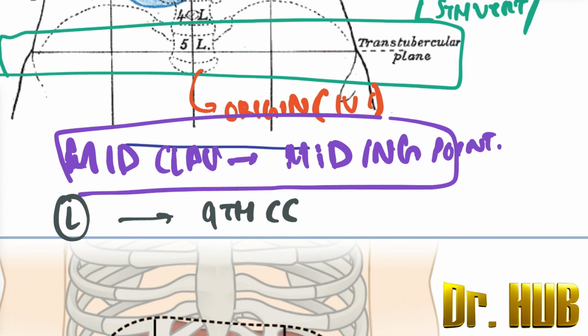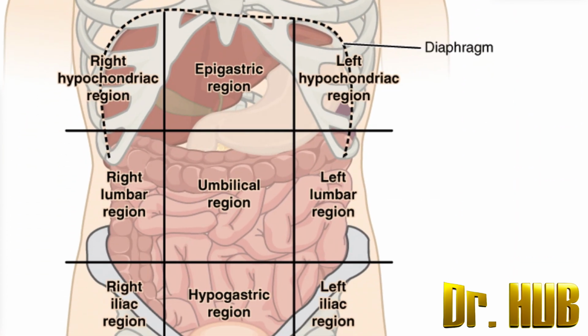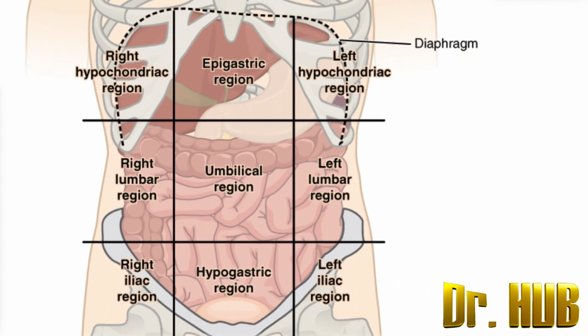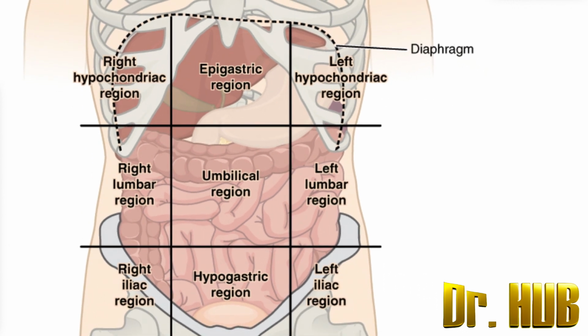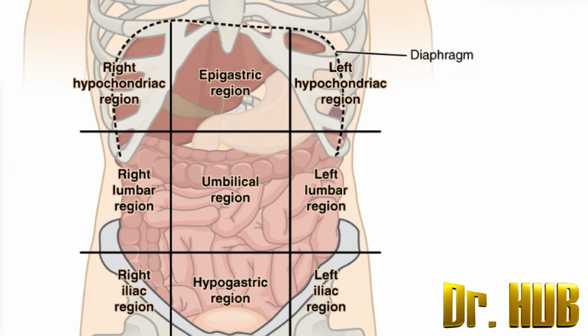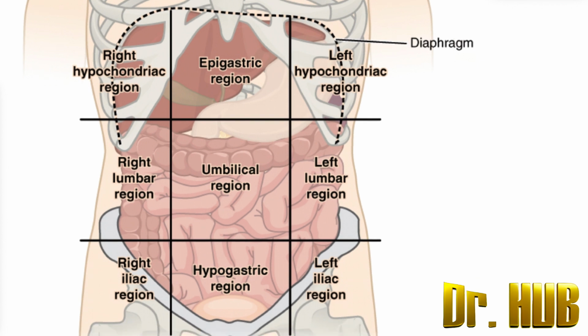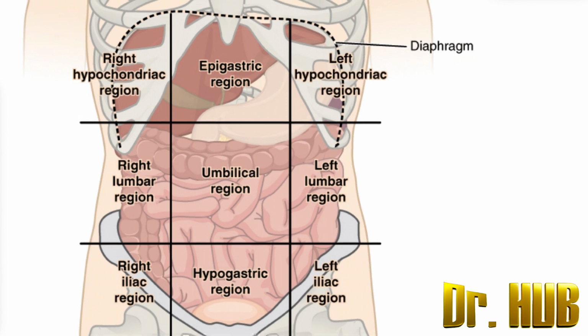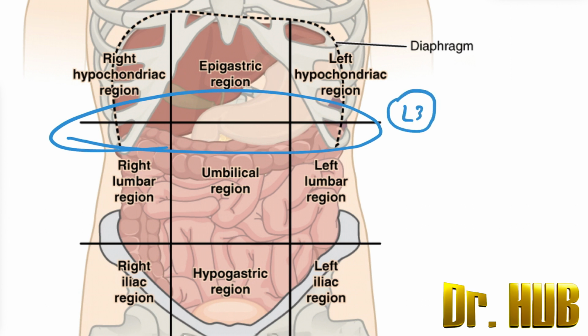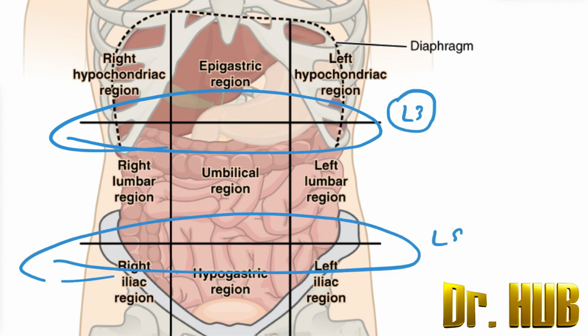Now let's look at the planes. There is another division, that is the division in terms of nine quadrants. There is the horizontal plane. What does the horizontal plane include? The horizontal plane is at the level of L3 and at the level of L5.